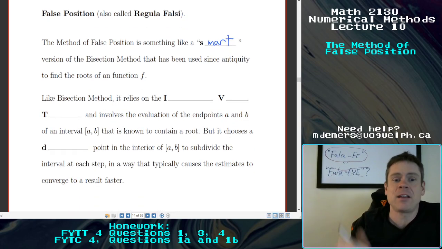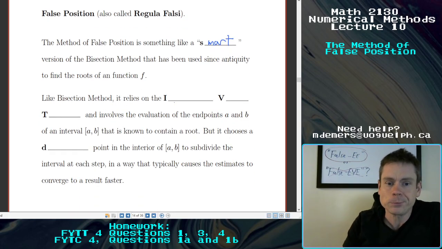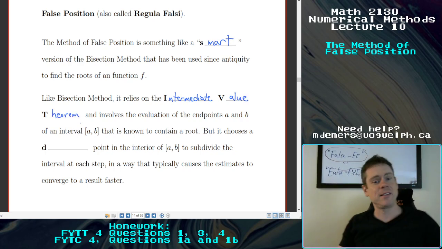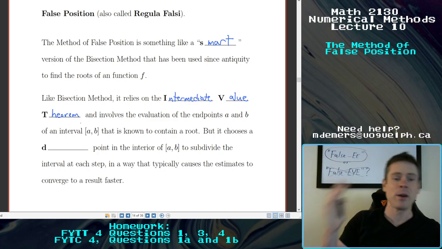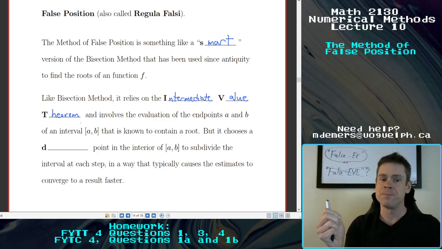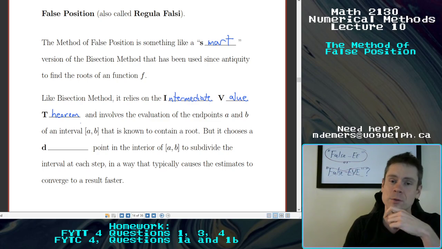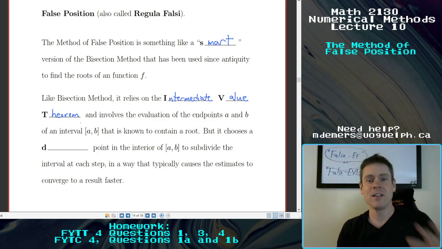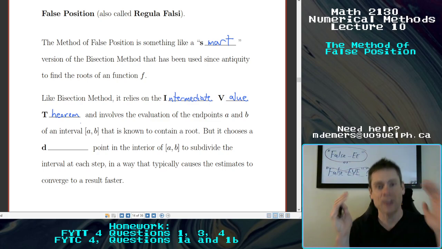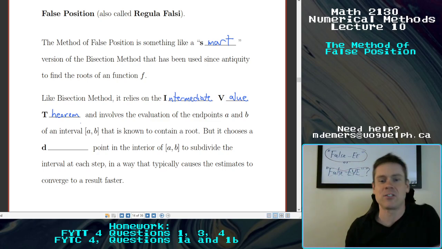And like the bisection method, it relies on the intermediate value theorem. It still involves the evaluation of the endpoints a and b of an interval that is known to contain a root. So there's nothing different so far in the setup between this and the bisection method.